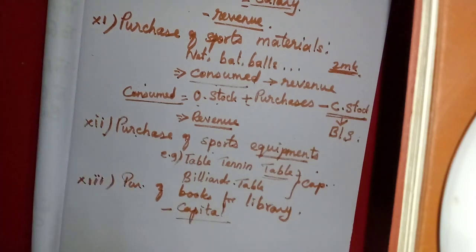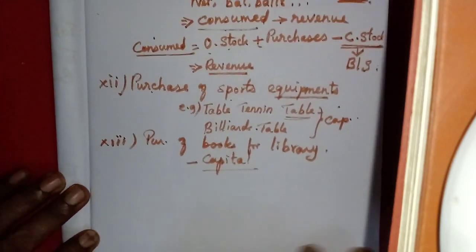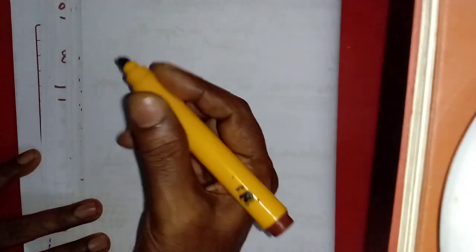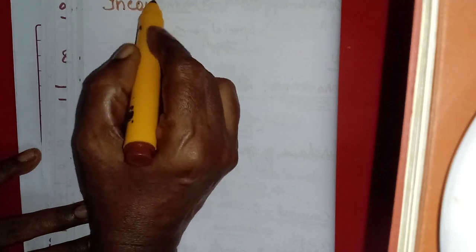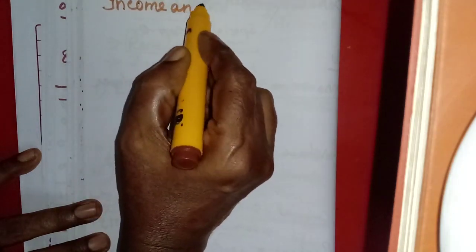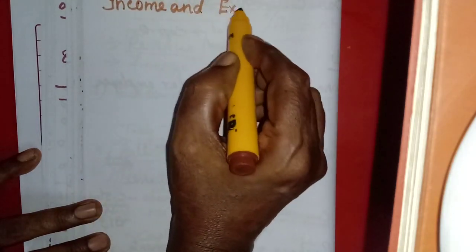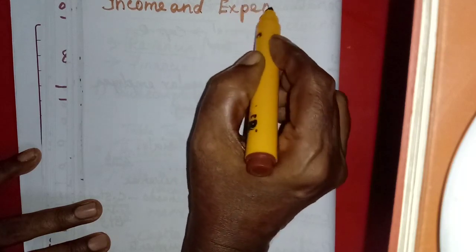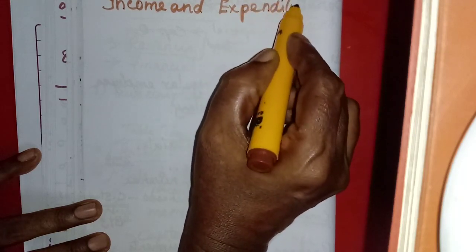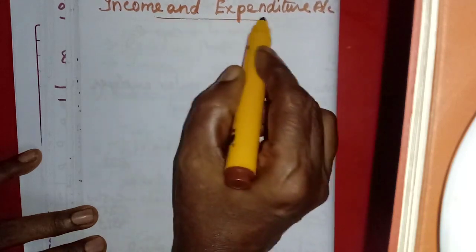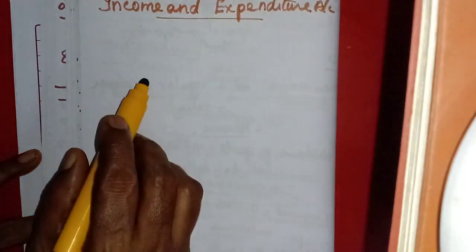Now we will learn about the income and expenditure account. Today I will explain. If time permits, we will do one exercise, or we will do the illustration and exercise tomorrow.